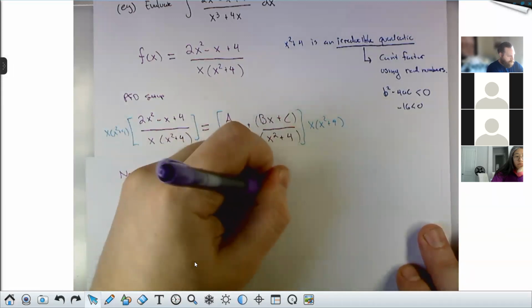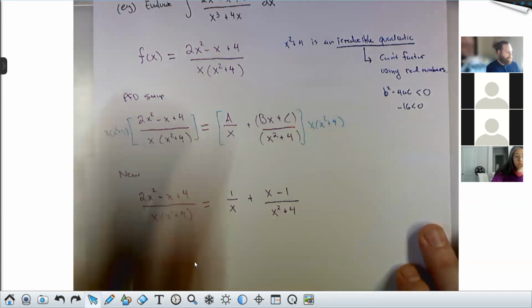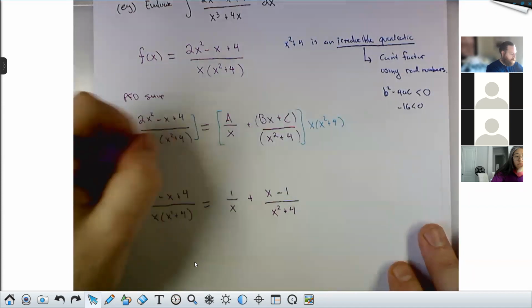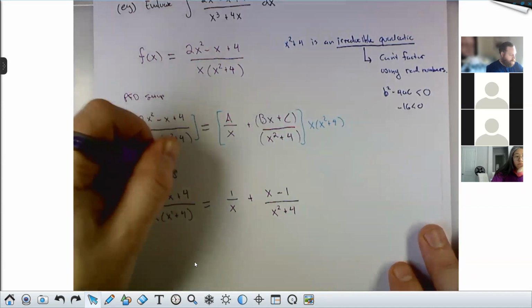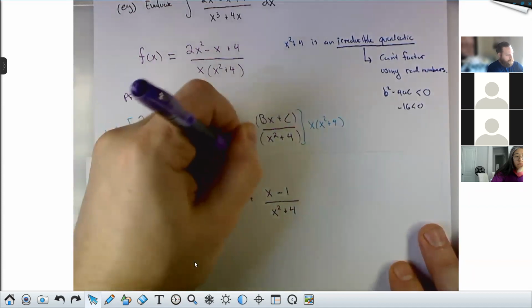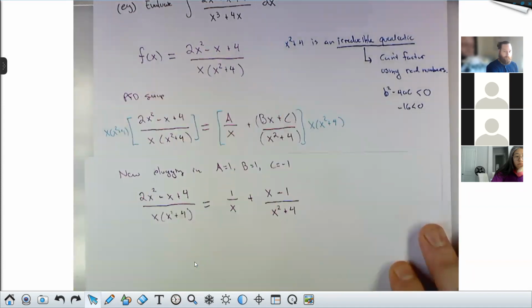C was -1 over x squared plus 4. So plugging in, a equals 1, b equals 1, c equals -1, we get this.